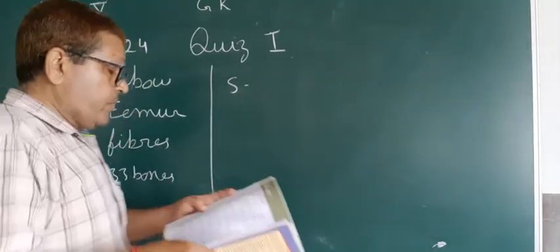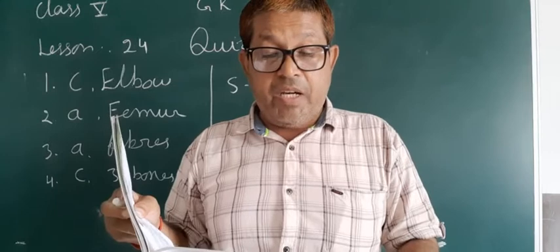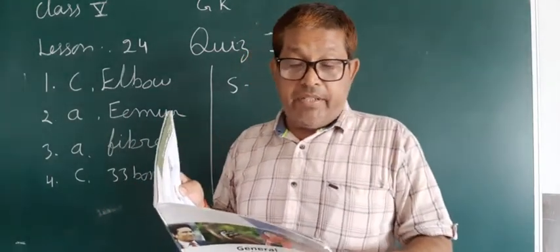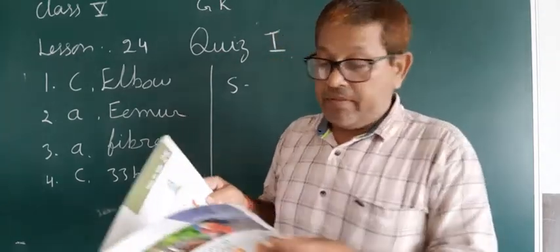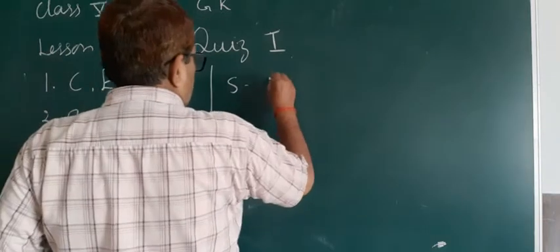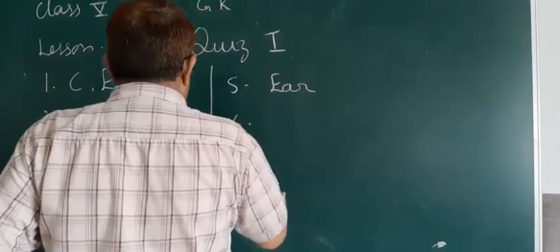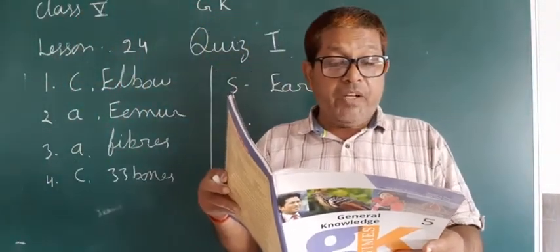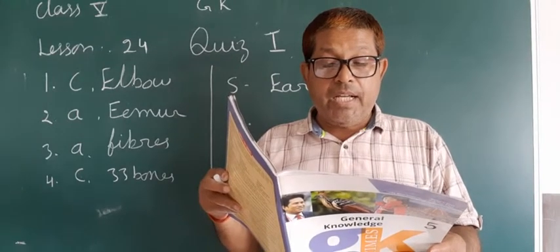Now see the fifth. In which part of the body is the smallest bone located? Three options are given: ear, nose, and legs. So ear is the correct option. Now sixth, which among the following diseases is caused by a virus?